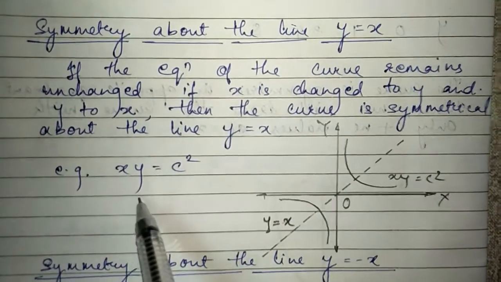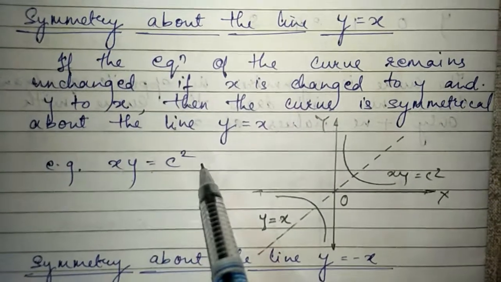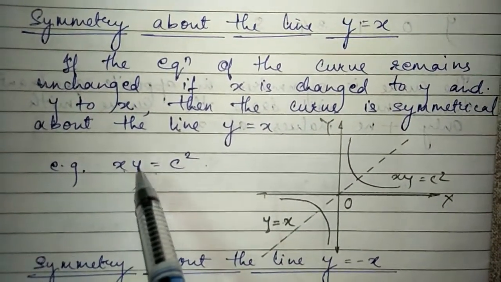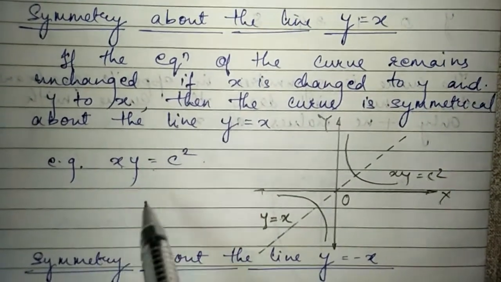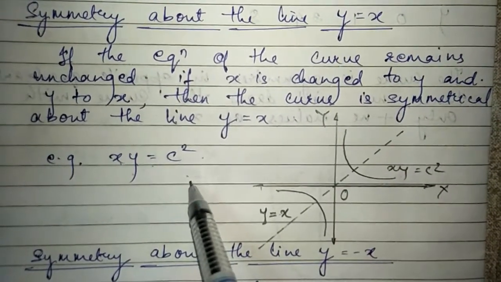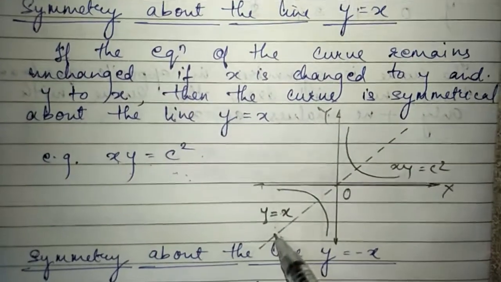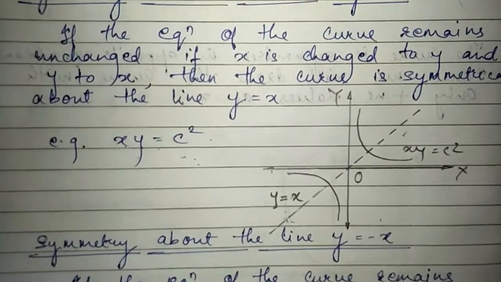We can see here the equation of the curve is xy is equal to c square. If we replace x by y and y by x, there is no change in the equation of the curve. The equation remains unchanged. Hence we can say that the given curve is symmetric about the line y is equal to x. You can see this in the figure.